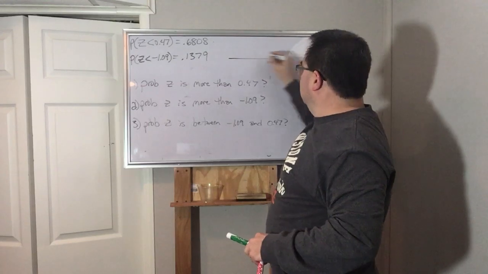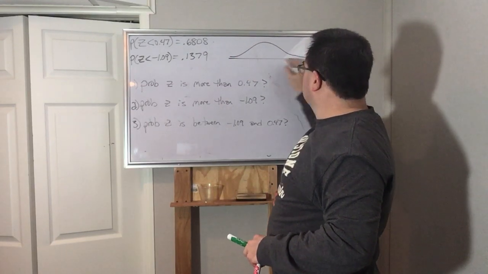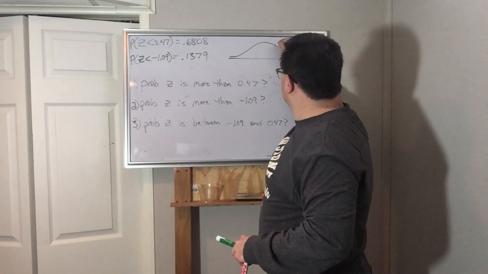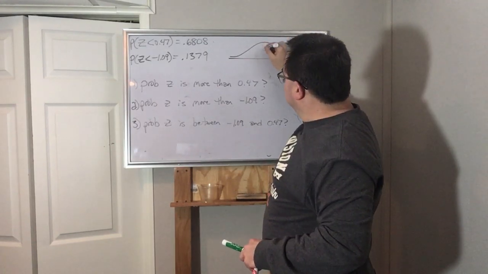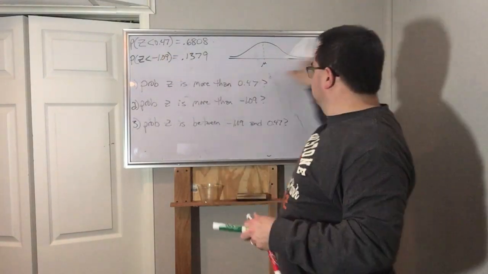Well, if we imagine a normal distribution, a bell curve, that's not very symmetric. This would be the mean right under the peak. And a z-score is along this.